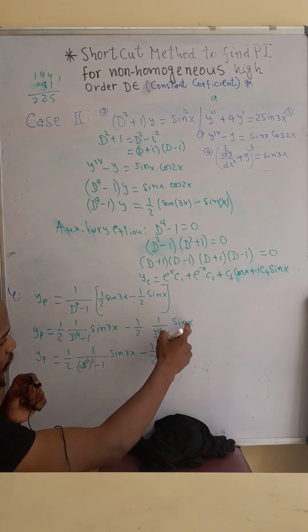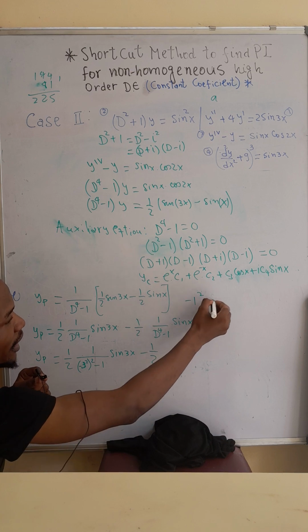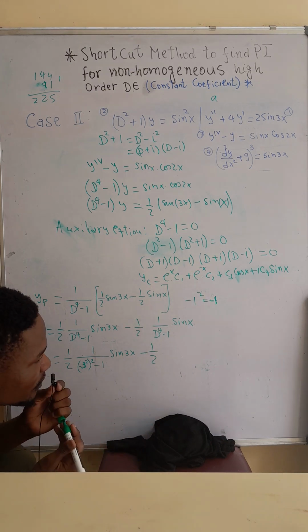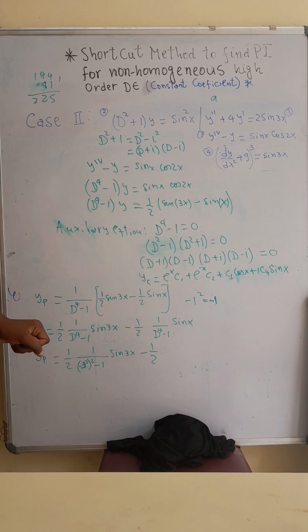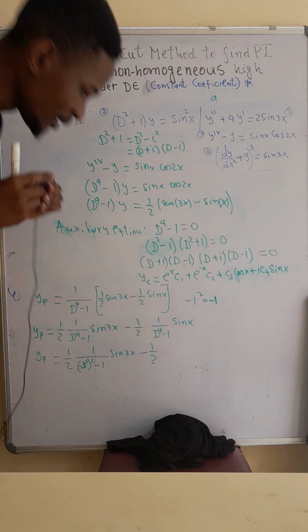Here, if you substitute 1 here, it will be 0, like minus 1 squared, it is minus 1. If you put minus 1, it will be 0. So what do you have to do here? It will be 0 if you substitute 1. Apply again.